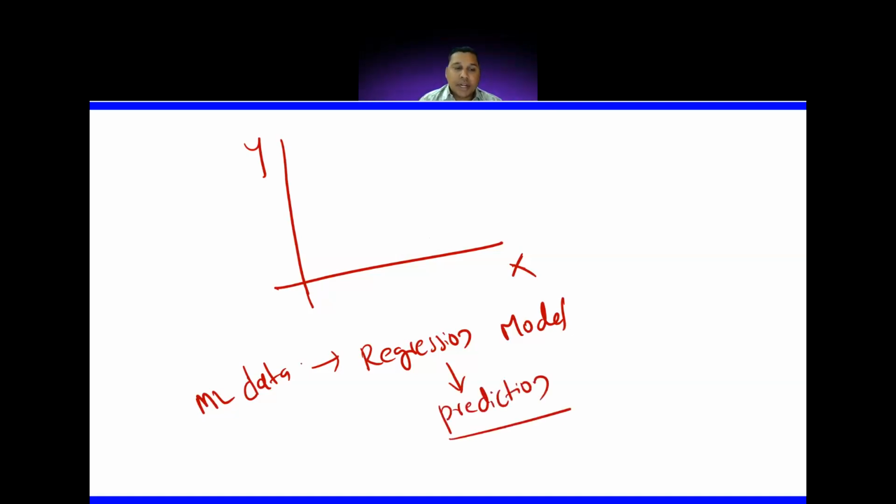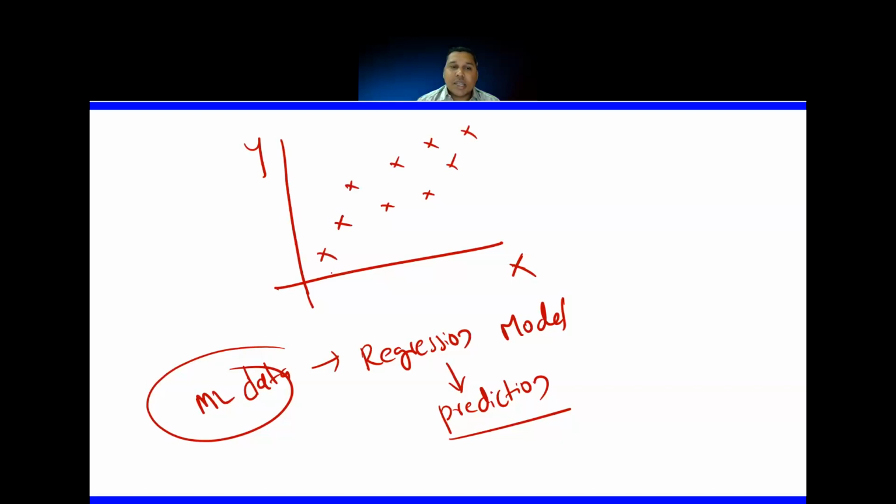When you have the ML data, if I plot it as data points on an XY axis, something of this kind, regression is about trying to find a best fit line.